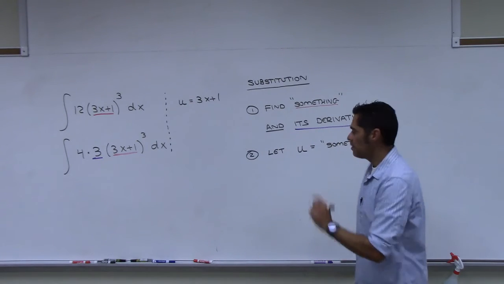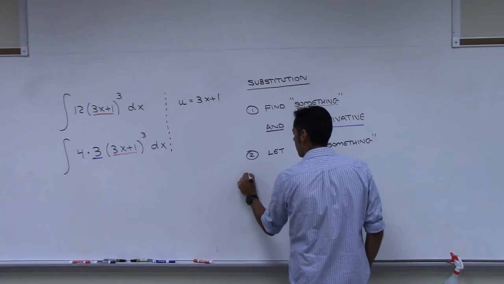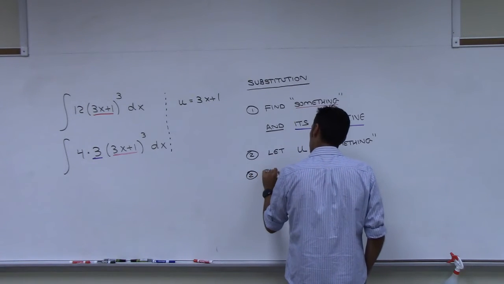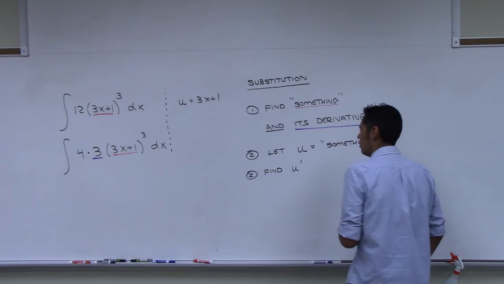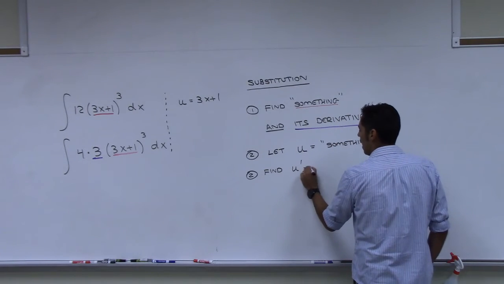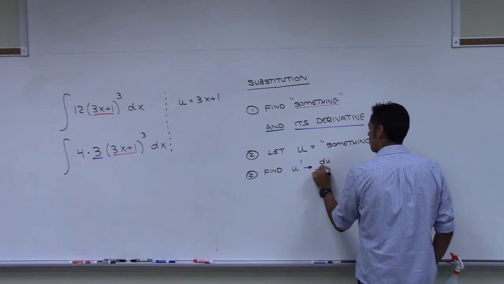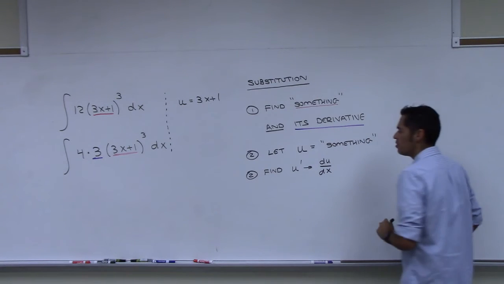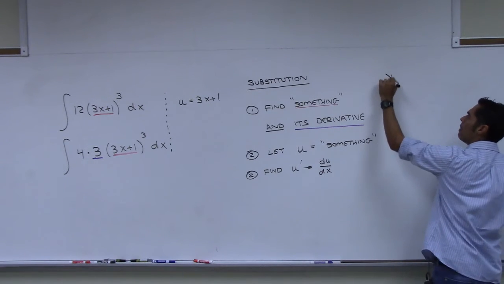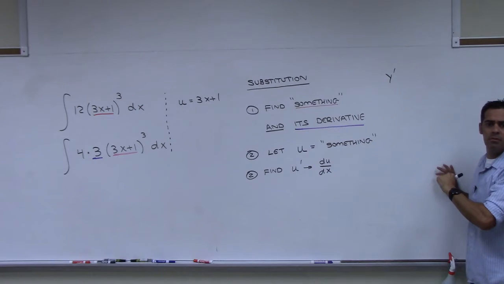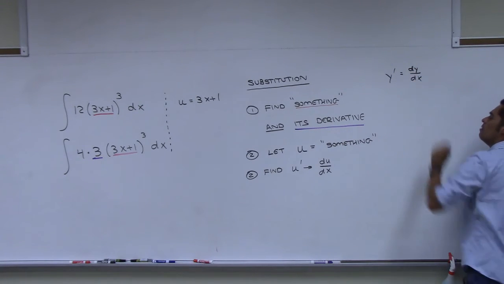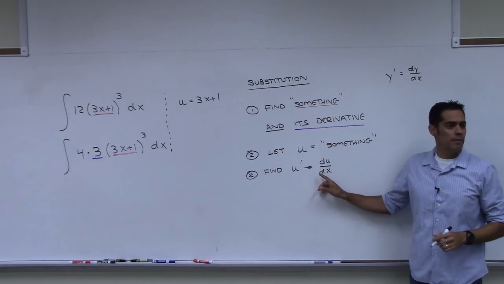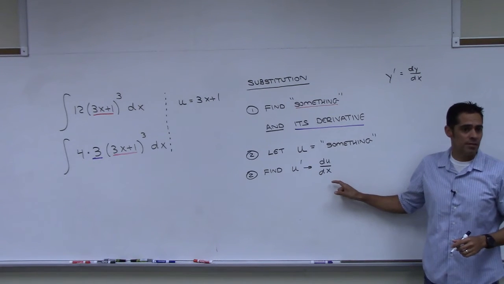Once I do that, the next step is to find u prime, which is the same as du dx. Do you remember when we wrote y prime on the board a long time ago, and we said this is the same as dy dx? Well, if I write u prime, that's the same as du dx.